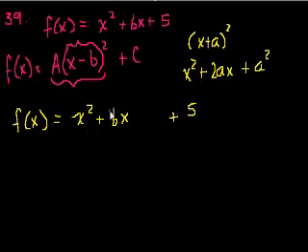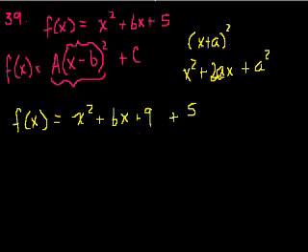So if we map that to that, x squared is x squared, right? 2ax is equal to 6. So a would be equal to 3. And if a is equal to 3, a squared would be equal to 9. And you can't just add a 9 to one side of the equation. You have to do it to both sides, or you have to do something to offset that.